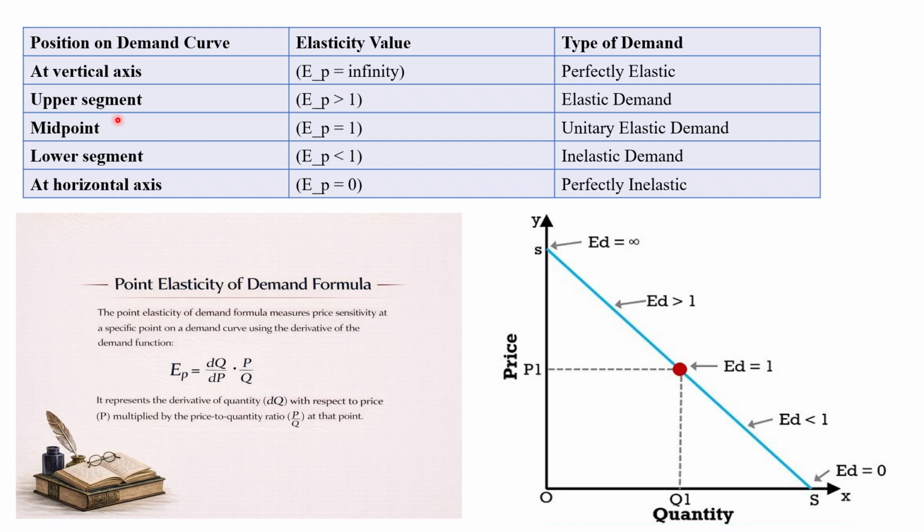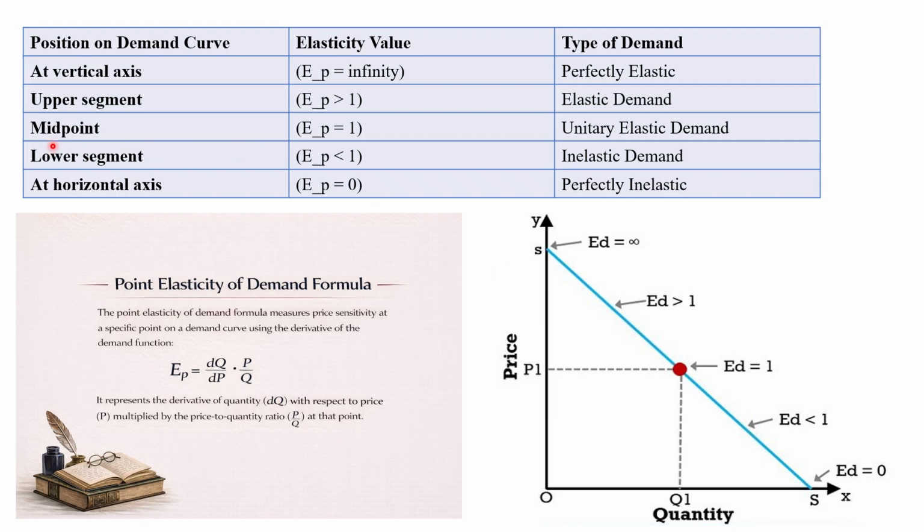The second one is the upper segment, where elasticity of demand is greater than 1, that is, elastic demand. It defines that there is a large change in quantity demanded as compared to price. That is why elasticity of demand is greater than 1.